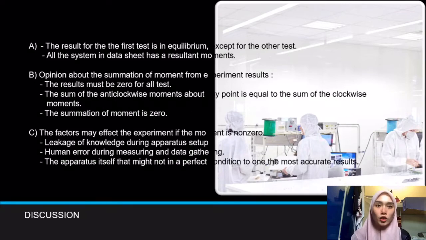The next question is about the factors that may affect the experiment if the moment is non-zero. The first is lack of knowledge during apparatus setup, the next is human error during measuring and data gathering, and the last is the apparatus itself, which might not be in perfect condition to give the most accurate results.